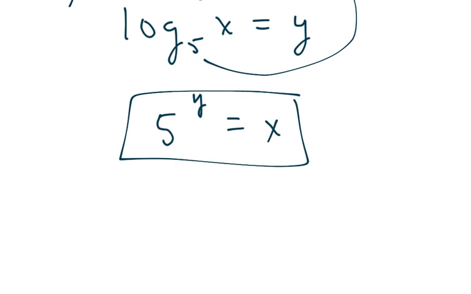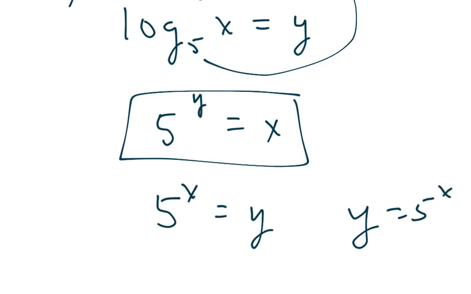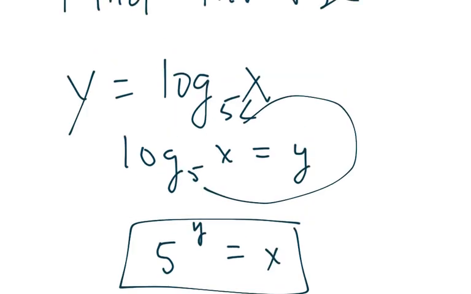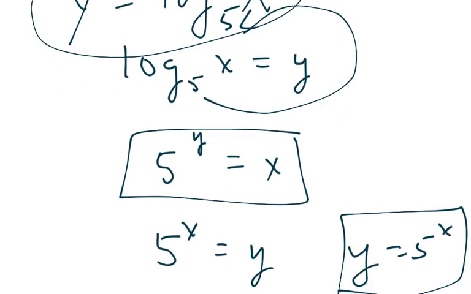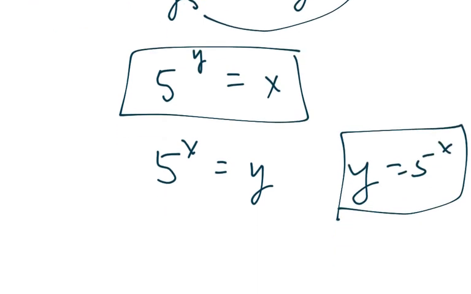Well, how do you find the inverse of something? You switch the x and the y, and you solve for y, which is already done. And so this is the inverse of this. Finding an inverse: convert it to exponential form, and then flip the x and the y, or switch places.